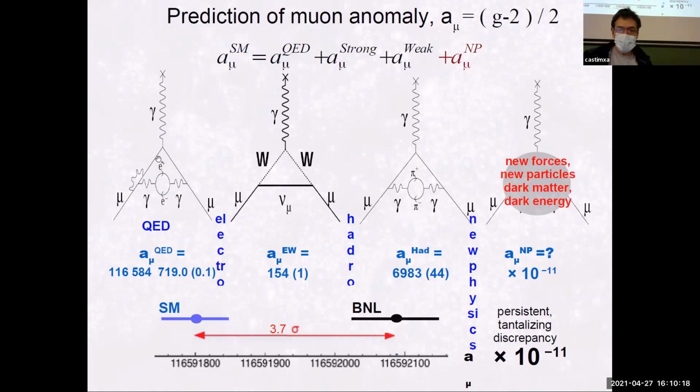So there's a piece, it's over here on the left, that comes from the electrons and the photons in the vacuum. And actually that's by far the biggest piece, but it's very, very, very precisely calculated.